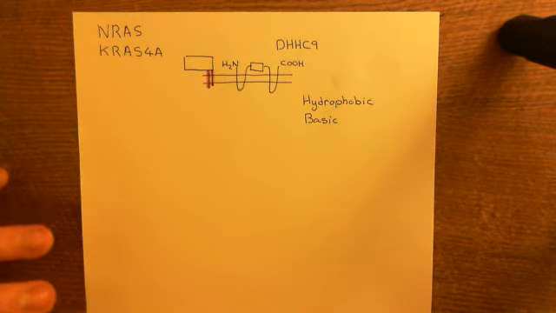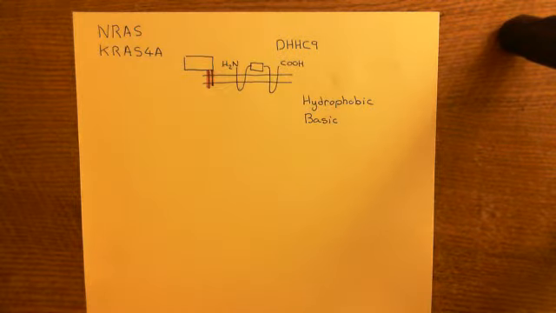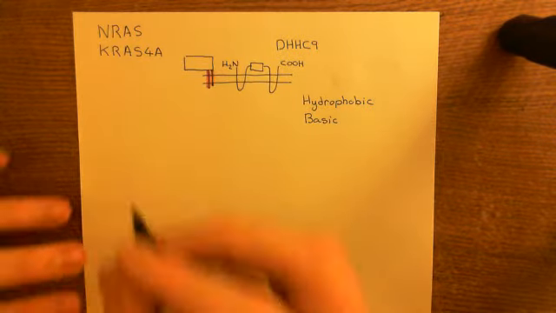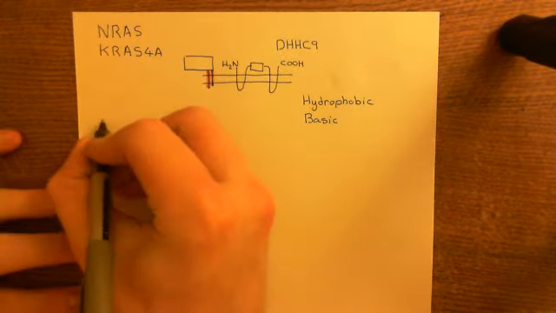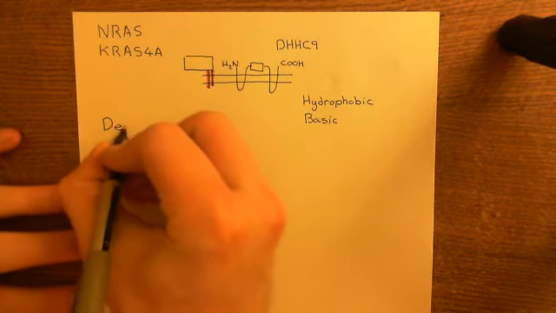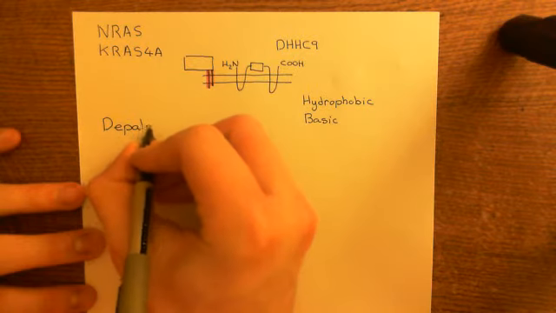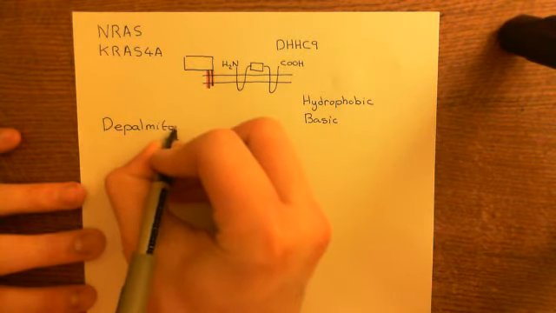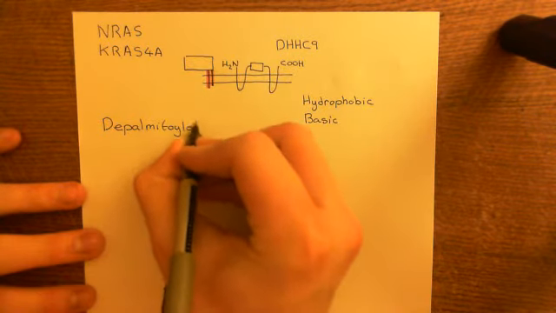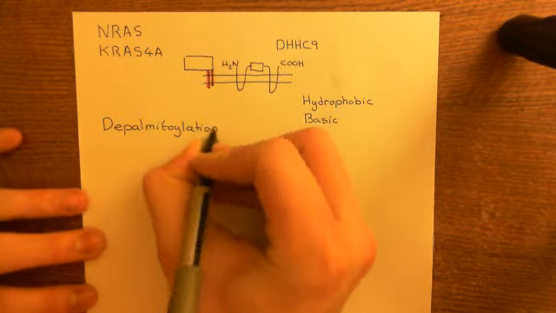Now, let's discuss the depalmitoylation. Okay, and this only applies for those RAS proteins which were palmitoylated. So remember, KRas 4b was not palmitoylated.